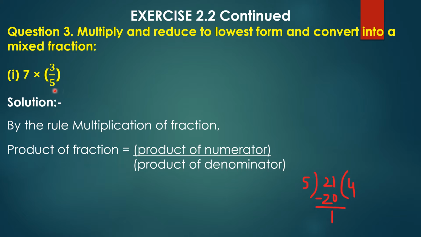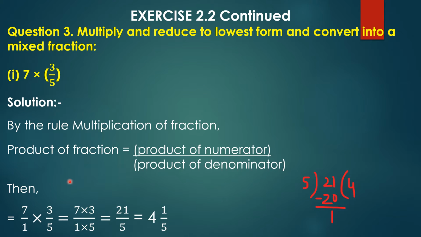Now what we have to do here is the multiplication of the fraction with the whole number. As per the multiplication of fractions, the product of the fractions is equal to the product of numerators divided by the product of denominators. That means we have to multiply the numerators and denominators separately.